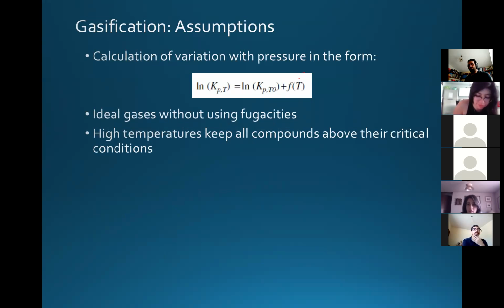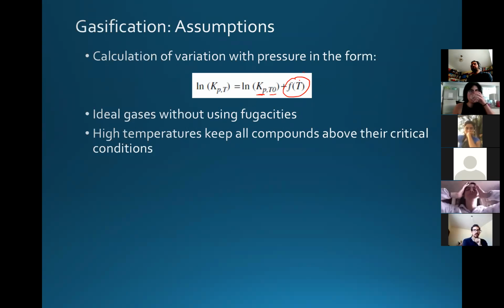Okay, so we're not going to talk about how to model those functions in this class. But you can have a function to correct the equilibrium constants at different temperatures. So if you have the constant at temperature 0, let's say 25 degrees, you can correct that temperature using a function. Okay, the other assumption is that in the model we're only going to deal with ideal gases, so we're not going to use fugacities or any other kind of real gas.